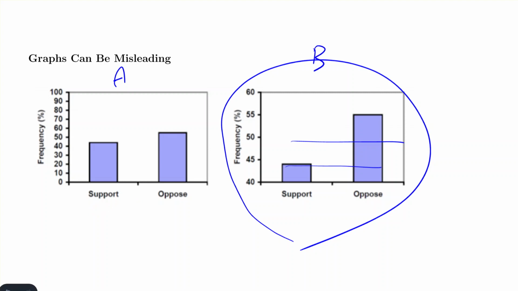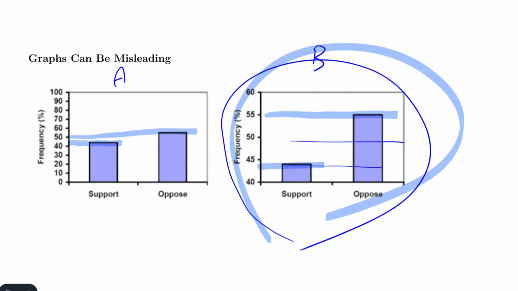But actually, if you look at the numerical values, oppose is about 55 on B, and support is a little below 45. But on A, support is also near below 45, and oppose is 50. So graph B is actually misleading because they only label the axis from 40 to 60. So we always have to be careful when we read a graph.